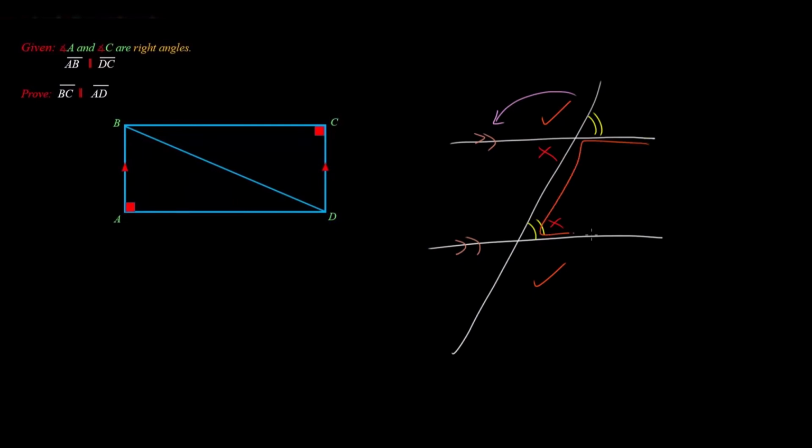And if the consecutive interior angles are supplementary, then the lines are parallel, by converse of those postulates and theorems. So to prove lines to be parallel, we got to get one of these: corresponding angles congruent, alternate interior congruent, alternate exterior congruent, or consecutive interior supplementary.